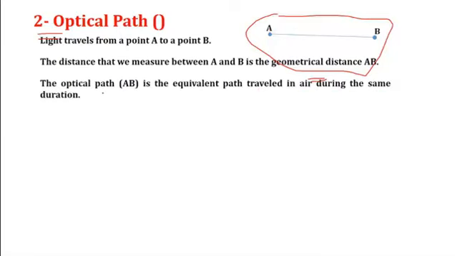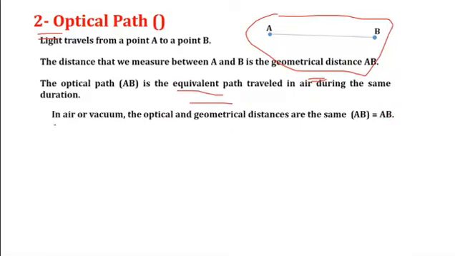Now, the optical path AB is the equivalent path traveled in air during the same duration. In air or vacuum, there is no difference. Optical and geometrical are both the same. Therefore, we write optical equal to geometrical.